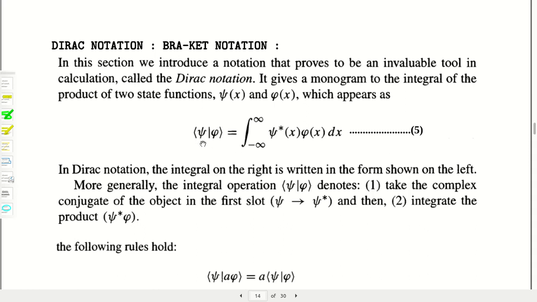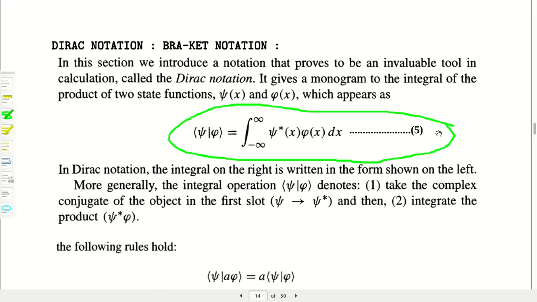Now Dirac replaced this with a meaningful symbol. Here you can see the left angle, then psi, then a vertical line, then phi, then the right angle. This symbol means nothing but what we know already, the inner product of psi and phi, two functions in Hilbert space.